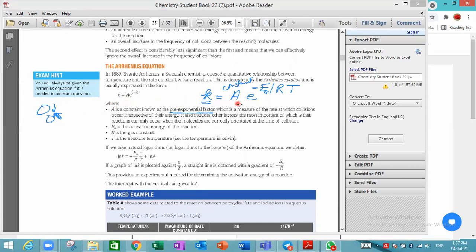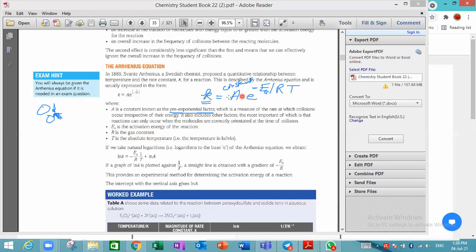So the pre-exponential factor A accounts for two things: the rate of collision between particles, even if they do not have enough energy to form the product, and the orientation of the molecules at the time they collide. So the rate constant k equals A e to the power minus Ea over RT, where Ea is the activation energy, R is the gas constant, and T is the temperature in Kelvin.